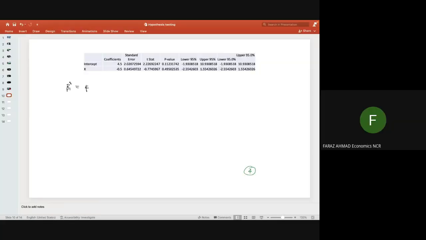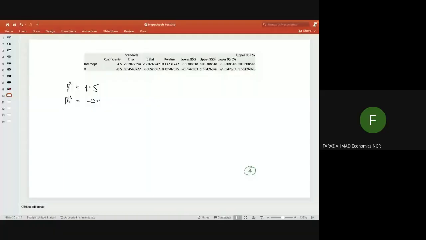So our beta 1 hat is 4.5 and beta 2 hat is minus 0.5. And then we have the standard errors.